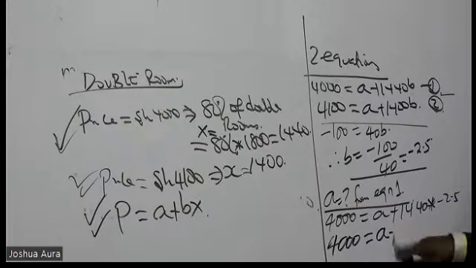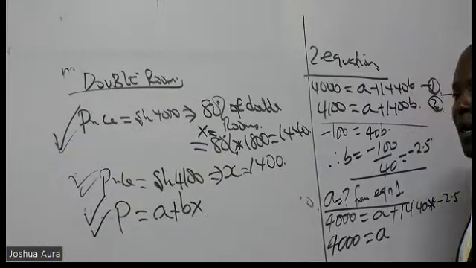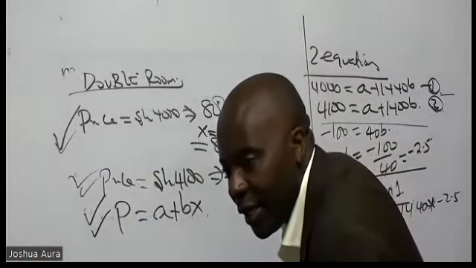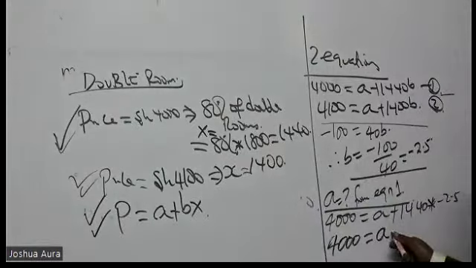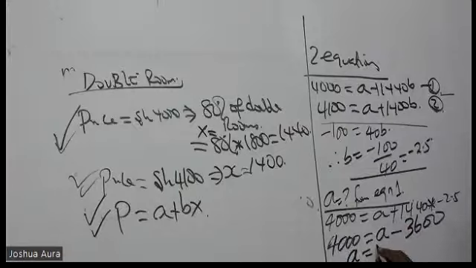It will be negative, minus 3,600. So please let this cross over the equal sign. When it crosses over the equal sign, it becomes positive, right? So A equals 4,000 plus 3,600, which is 7,600. That is A. And I have B.